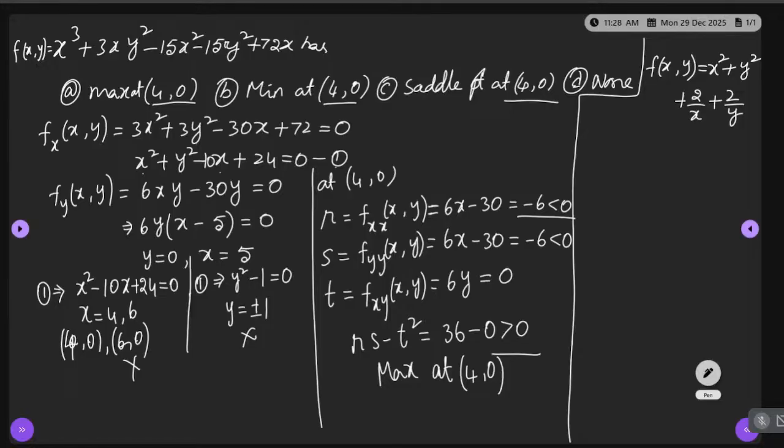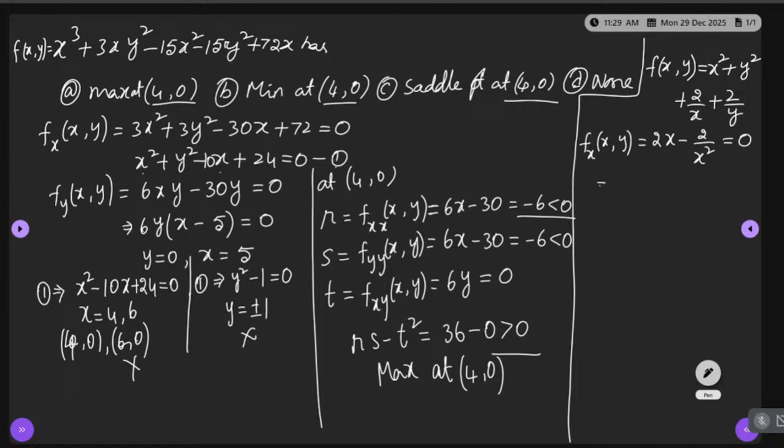Yes, what is the answer? Tell me. f_x of (x, y) is 2x minus 2 by x square equal to 0.